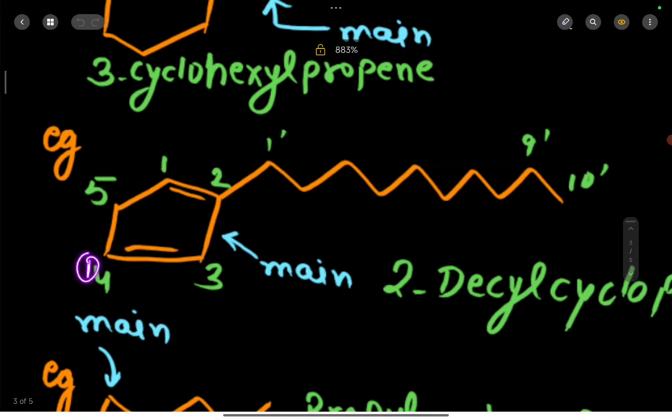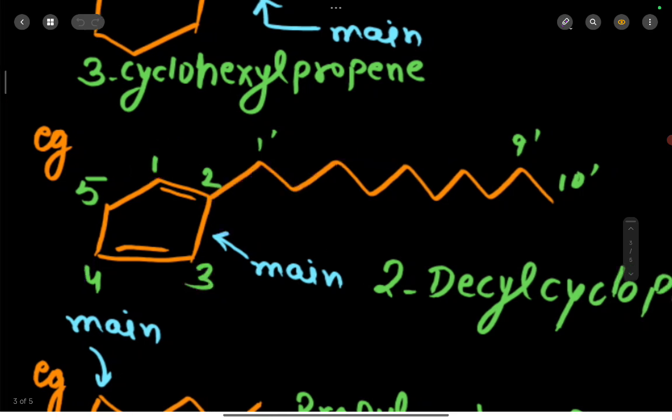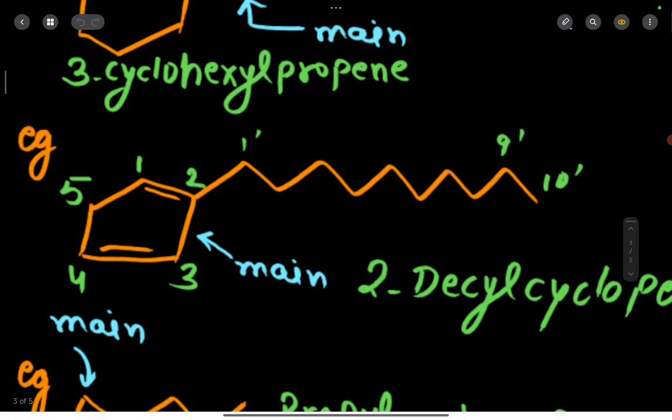If I had started numbering like this, I would get this substituent at the 3rd position. But this way gives me the substituent at the 2nd position only. You cannot start numbering like this because that will violate the lowest set of locants rule for the double bonds. We need to give the lowest ones to the double bonds, and to both the atoms.